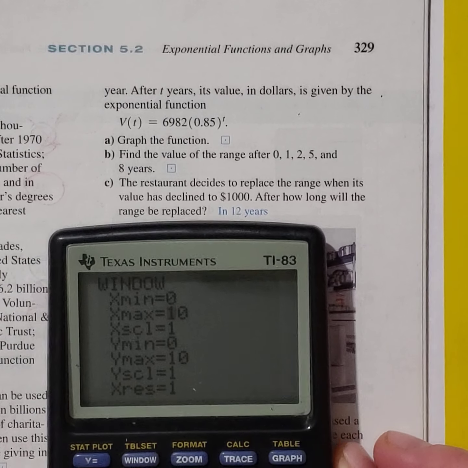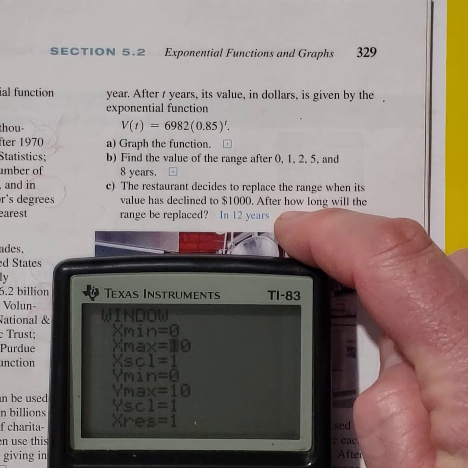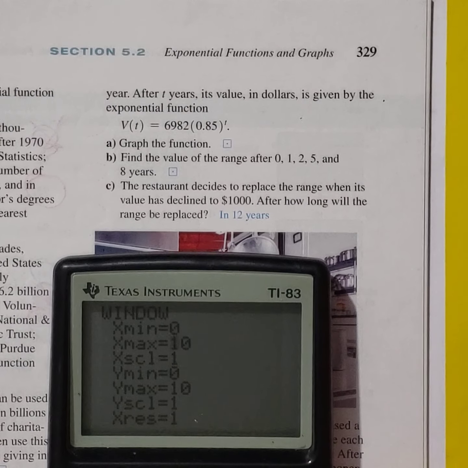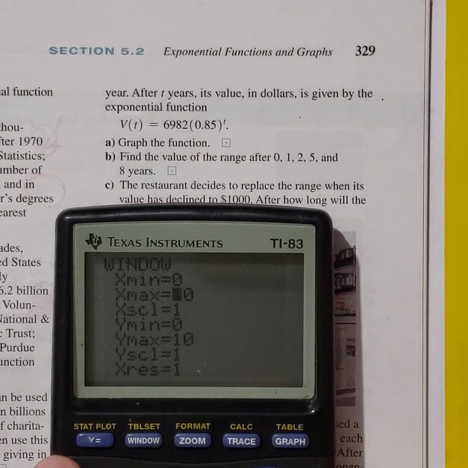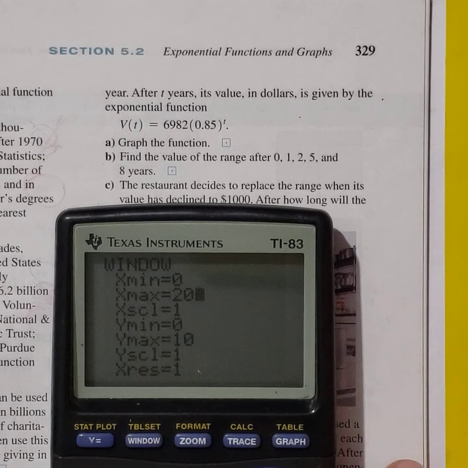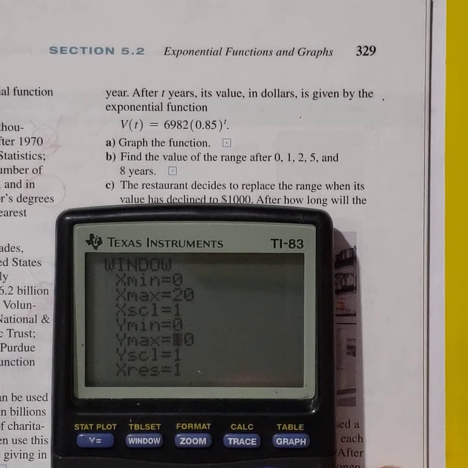So we know that x needs to go at least to 8. And we can see, because I've got the teacher's edition here, that the answer to the last part of the problem is 12. So we want to go out at least that far. Since we're talking about years, we have a stove. It wouldn't seem unlikely to maybe hang on to it for 20 years. So we'll put 20 in for the max.